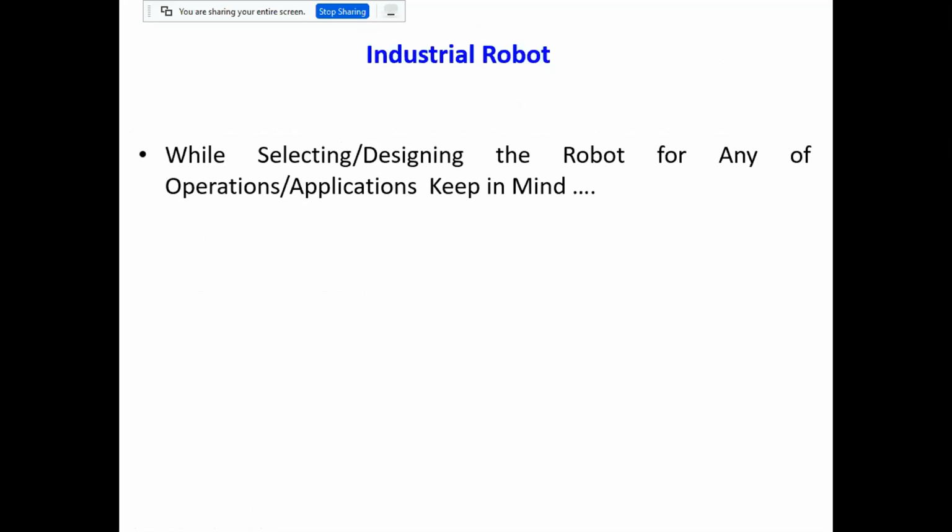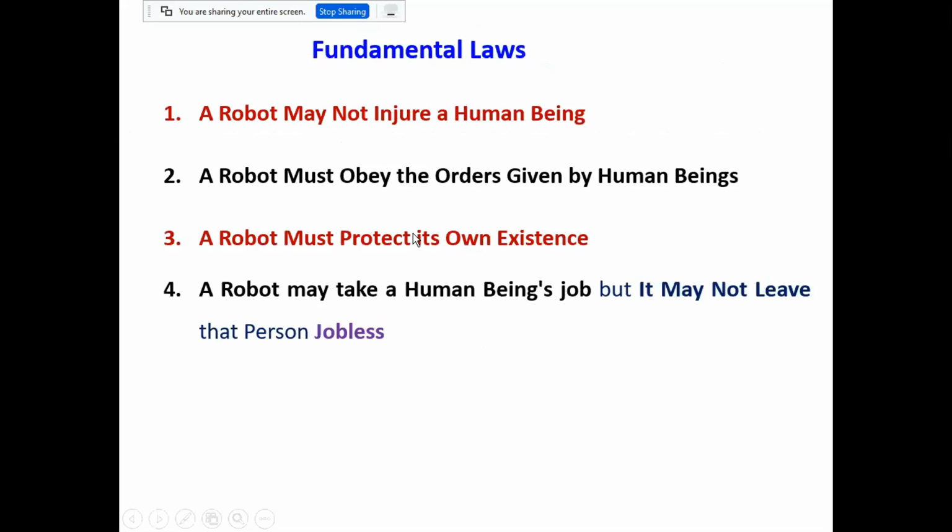Correct. Now, one more thing you remember, friends, in your mind. While selecting the robots or designing the robot for any operations or any application, keep in mind the laws of robots. These are very, very important. Anybody who designs the robot: the robot may not injure a human being or, through inaction, allow a human being to come to harm.